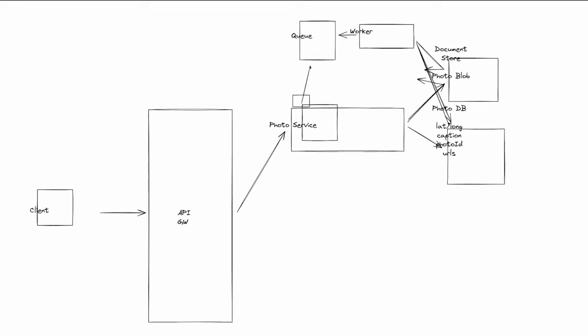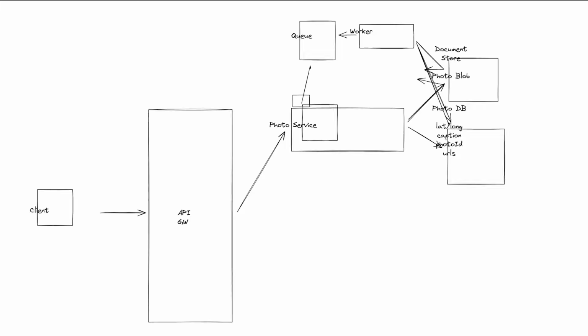Okay, so that's posting images. And as far as the user experience goes, once the photo service is able to properly save to the document store and the photo database, we can return that photo ID and say, hey, success, we got your photo. The user will go to the next screen, which would be setting the caption, and in the backend we'll have this async process working.